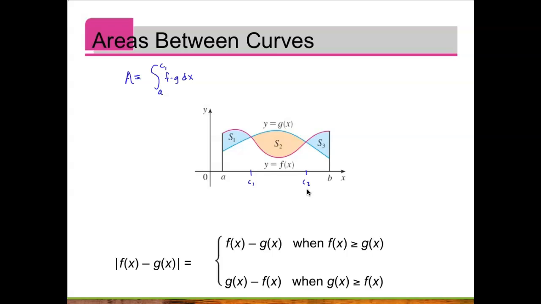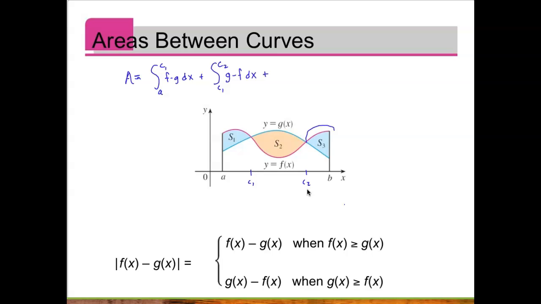Chase, what's my second integral? Plus. I agree. And what would my integrand look like in that case? You got it. Now g's on top, right? John, what's my last integral? What's the last one?